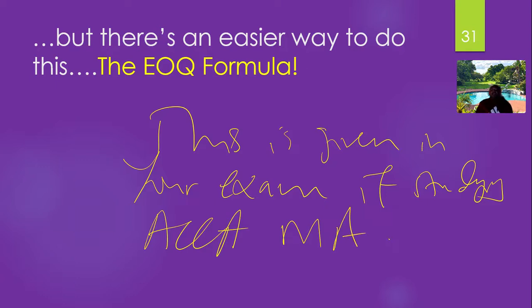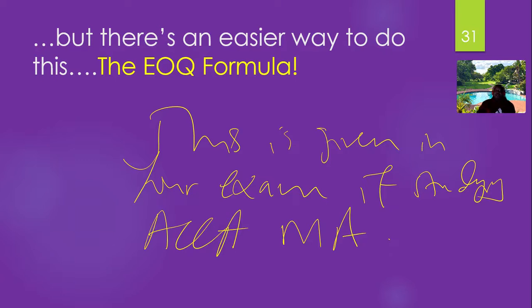If you are studying management accounting with the ACCA, they give you the formula in the exam. But if you are studying other examinations, or maybe a Bachelor of Accounting degree, probably your university is not going to give you the formula, but don't worry. By the end of this lecture, you should have the formula at your fingertips.